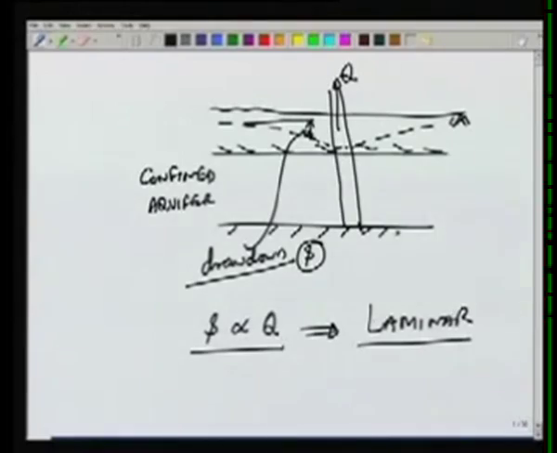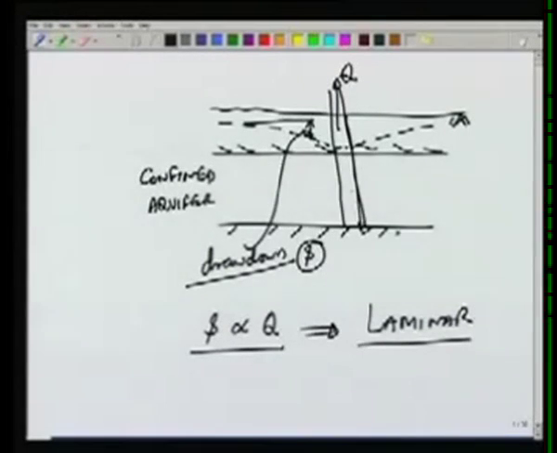This is generally true, but when we are pumping from a well, typically the velocity is very large near the well, and therefore near the well the flow will be turbulent. Similarly, near the well, because of the casings, when the flow passes through the casing, there will be additional head loss.